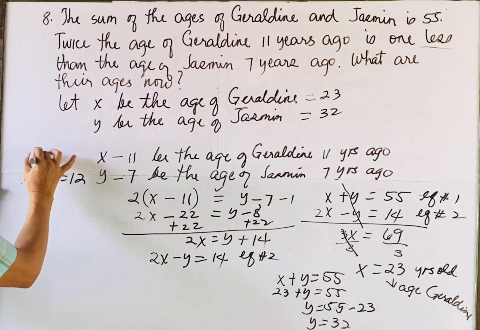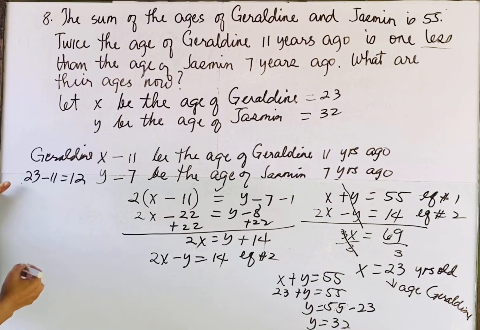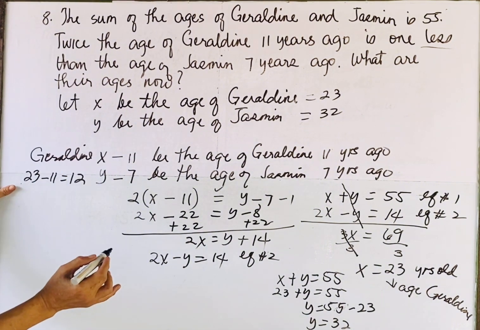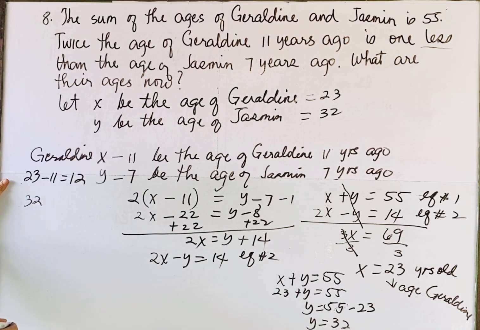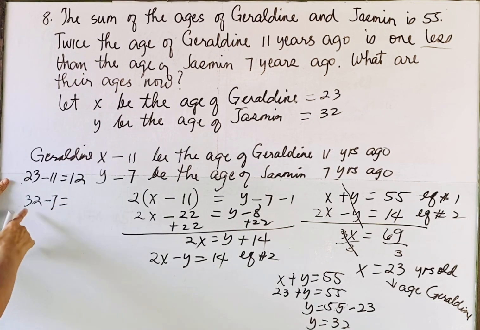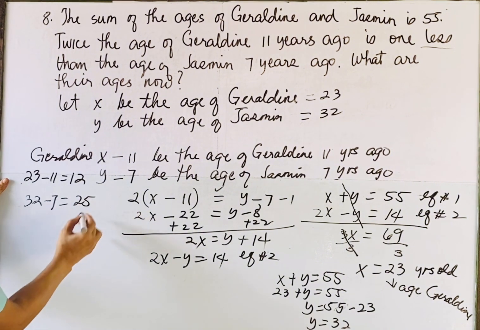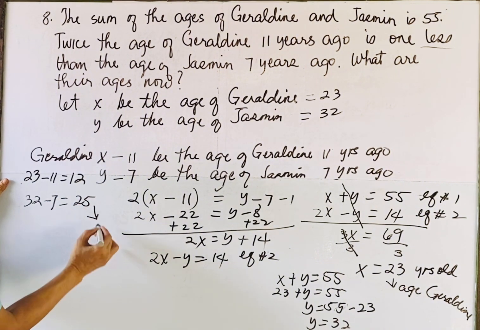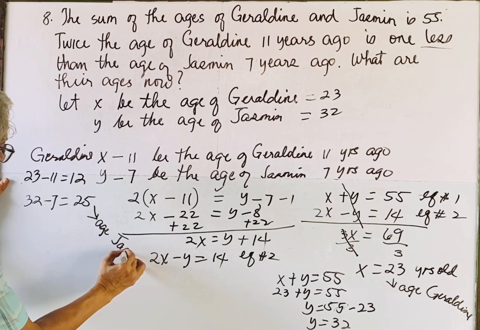Okay, ito si Geraldine. And if Jasmine is 32, ang age niya 7 years ago ay siyempre, bawasan natin ng 7. So that will be 25. Okay, itong 25 na ito yung age ni Jasmine.